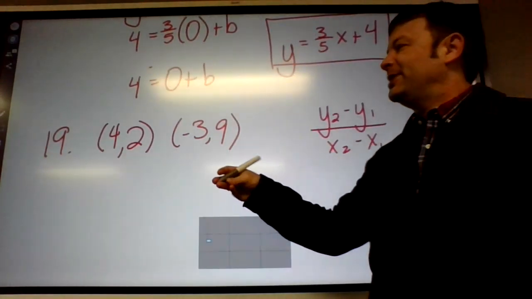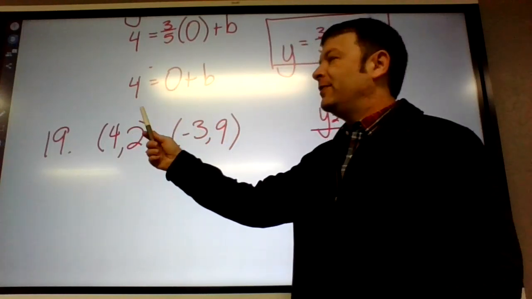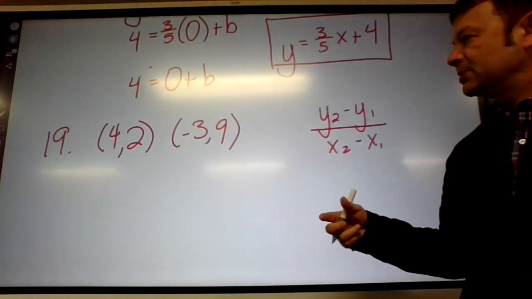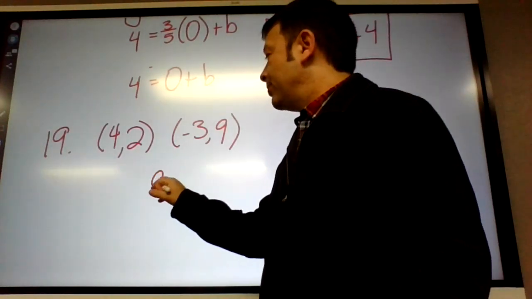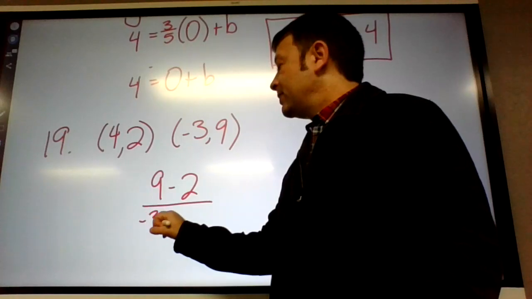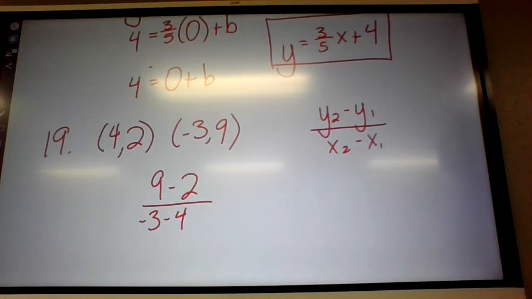I don't know if you remember, it doesn't really matter if we go left to right or right to left, but whatever you do with the y values, you have to do the same direction with the x values. So if I go 9 minus 2 with the y's, I do negative 3 minus 4 with the x's. You could do 2 minus 9, 4 minus 3.